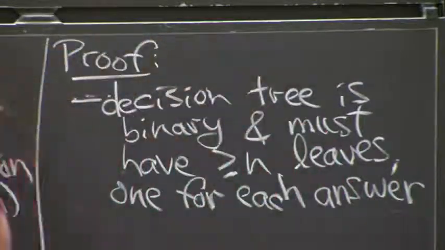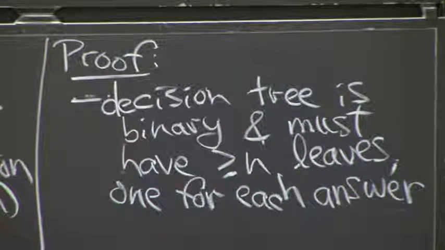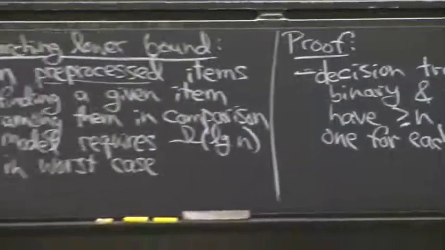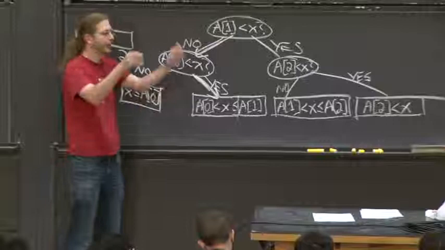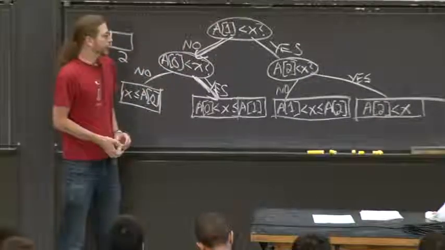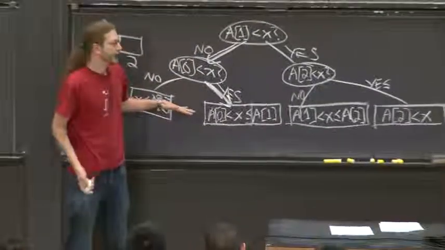At least. Now, at the leaf, you have to know what the answer is. But there may be many leaves that have the same answer. That's possible. And indeed, that will happen, not for binary search, but in a typical algorithm. There's multiple paths to get to the same answer. So there may be more leaves than n.